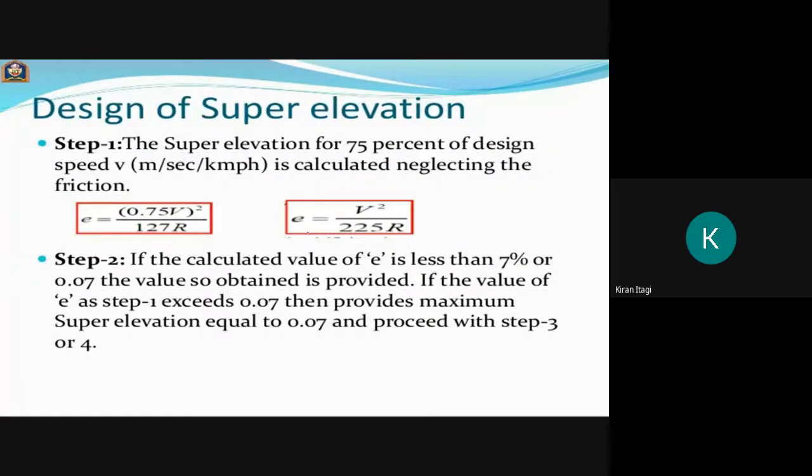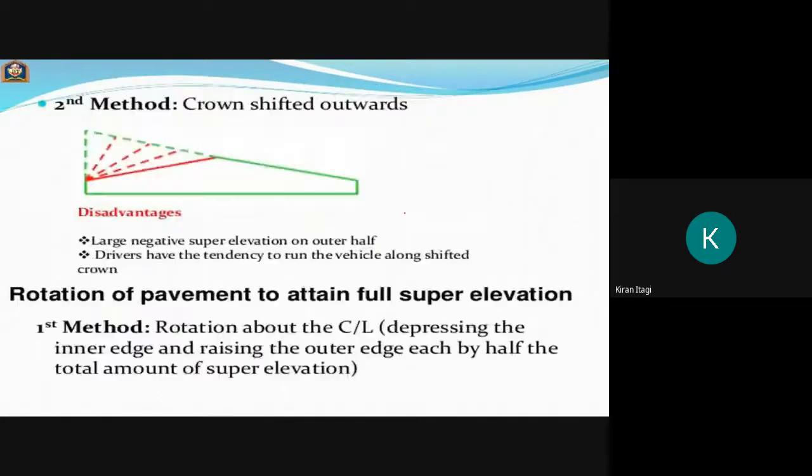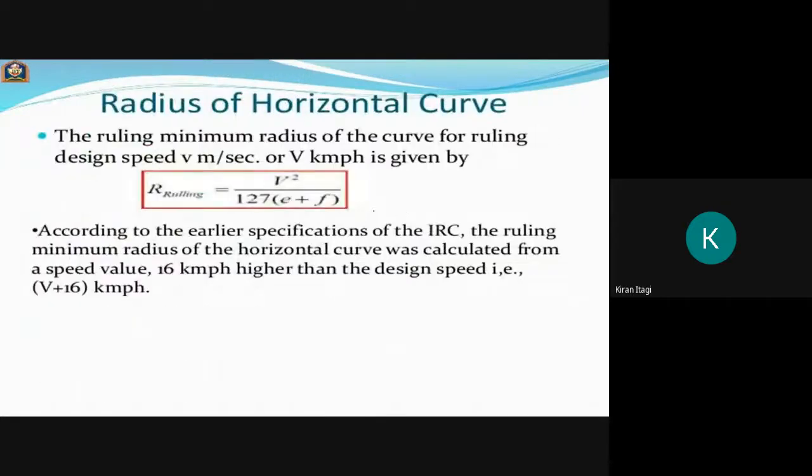This is in terms of meter per second, this is in terms of kilometer per hour. This is most important. In the exam, he will give the design speed of the vehicle. Say I want to construct a road and the design speed of the vehicle is 100 km per hour, and he asks to determine the radius.